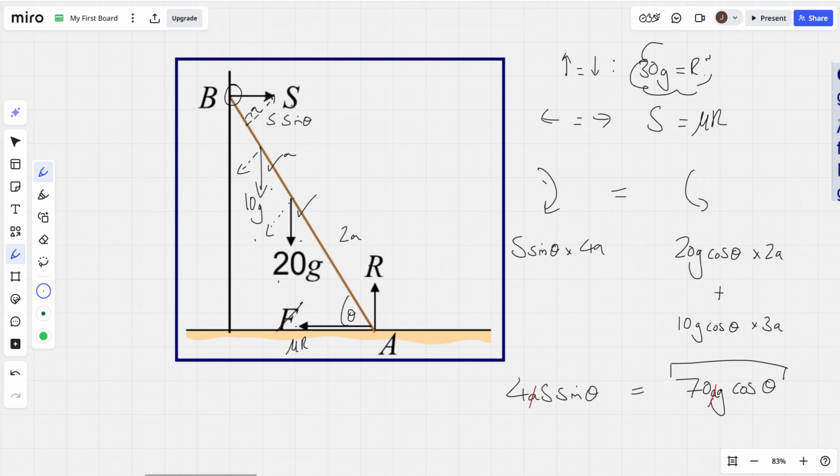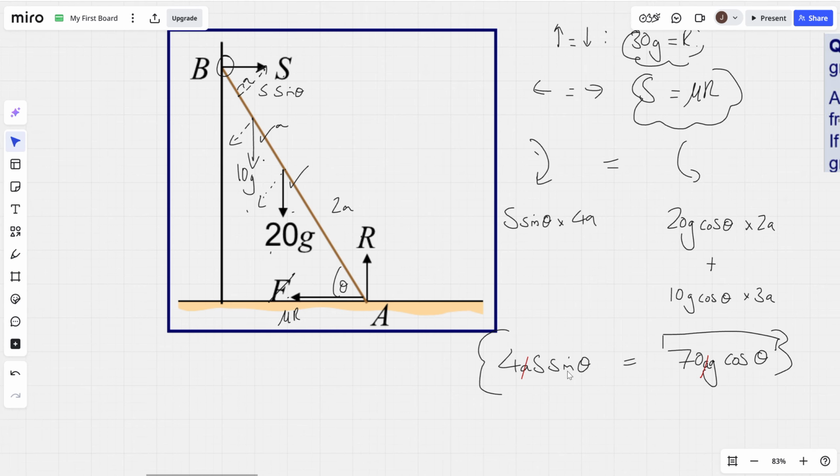So if I use this final equation here, I should be able to get theta on its own. Because I've got theta in two places, tan theta would be the way to resolve that. So if I divide by 4 on both sides and I divide by cos on both sides, I would get S tan theta is equal to, well, it's 35 over 2 at the moment, 35 over 2G.